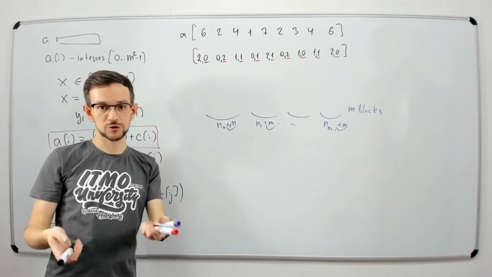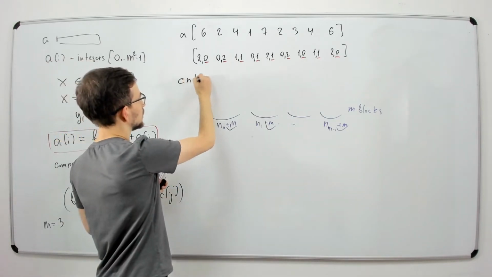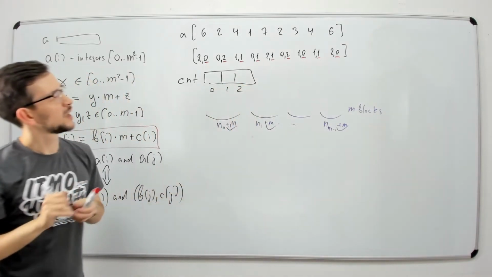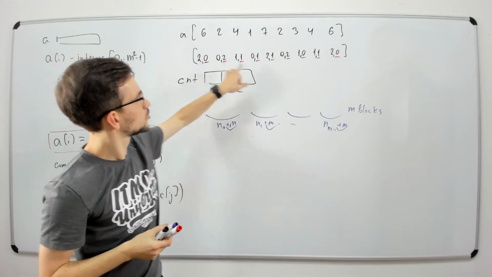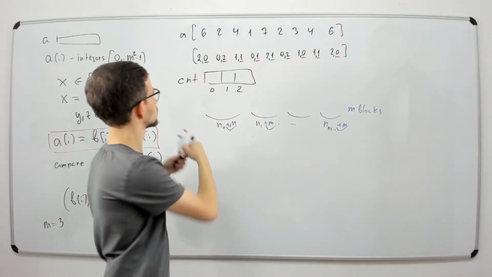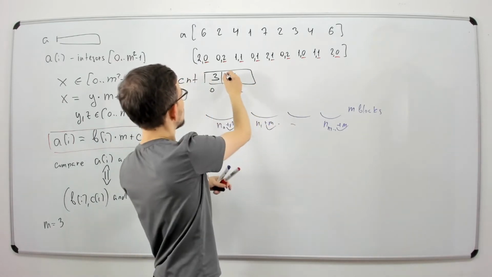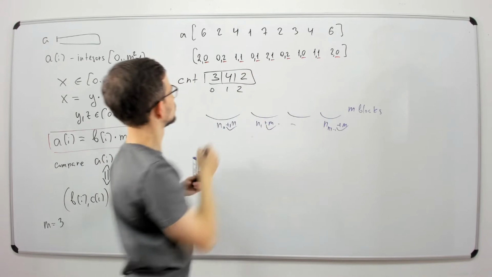How can we make count and sort? Like before, we create the array of counters. Count the number of each key. So we have 0, we have 3 zeros. We have 1, 1, 1, 1, 4 ones, and we have 2, 2 twos.